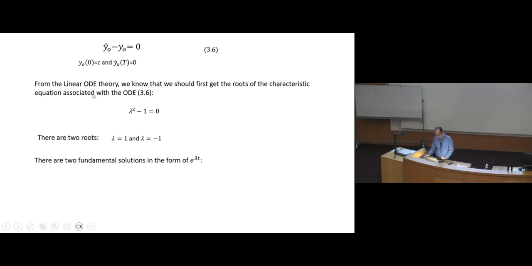From that theory, we know this is the way we solve it, right? Then there are two fundamental solutions, e to the power of t and e to the minus t. Then the general solution of this Euler equation will be a linear combination of those two fundamental solutions, okay?